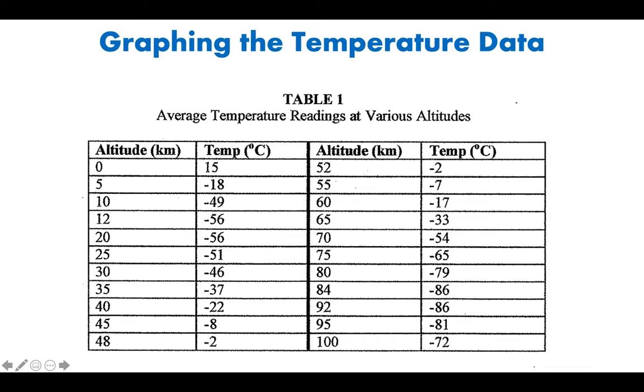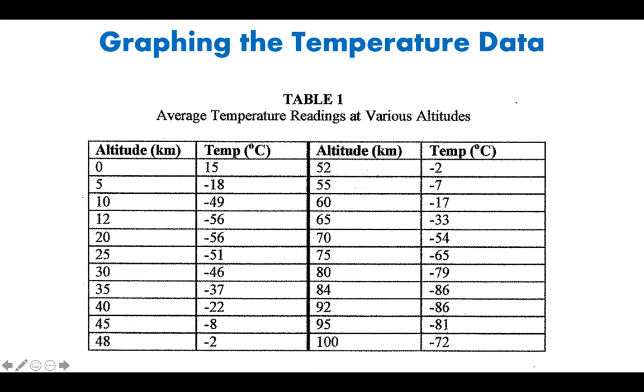I want you to notice that along the x-axis of your graph, you have your temperature. Put your finger on 0 degrees Celsius. You will notice that it is fairly far to the right, and that most of what you will be working with today are negative numbers. Remember that negative 18, for example, is larger than negative 49. Okay, so negative 18 is closer to 0 than negative 49.